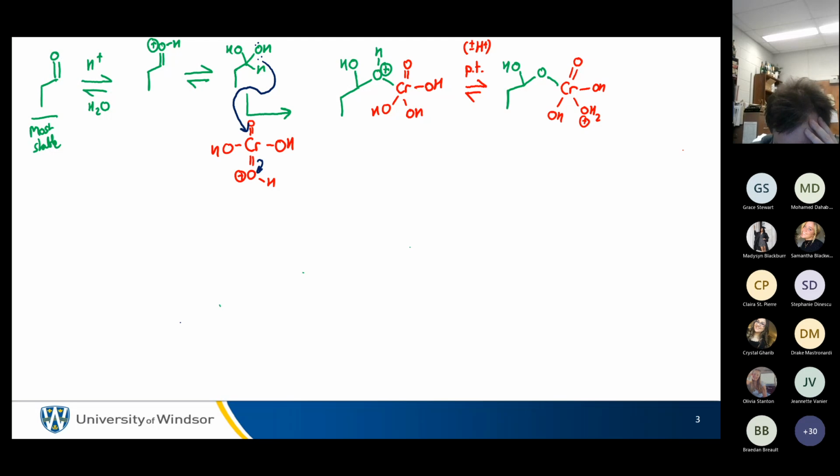Where do I have 2 carbonyls? Well, we start with 2 here. We go to 1. Because we attacked and opened it up.